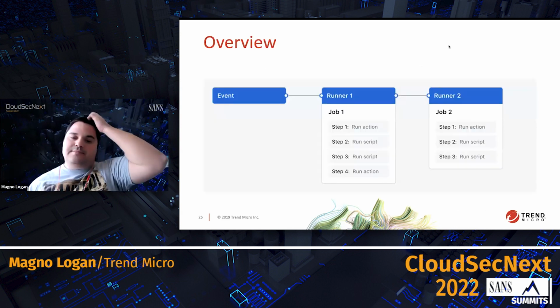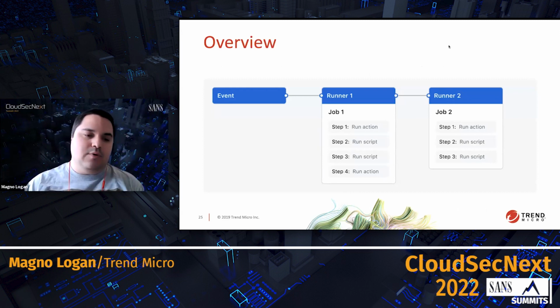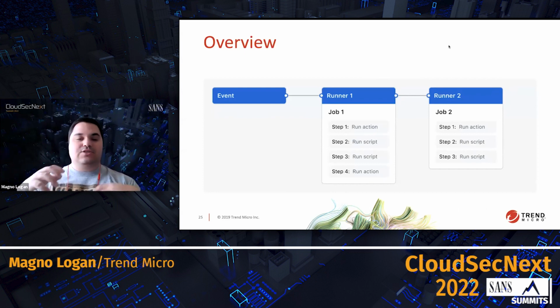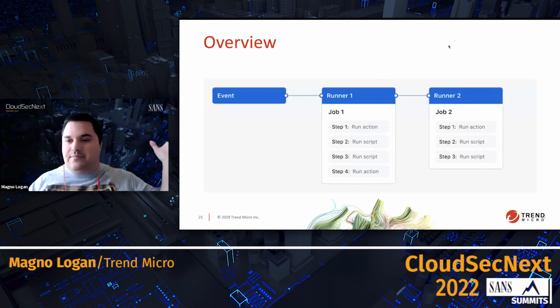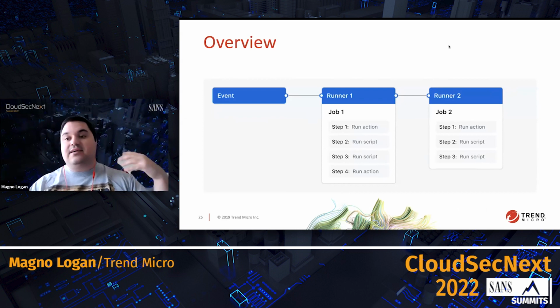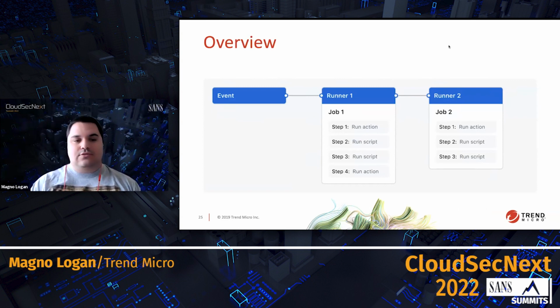So just a quick example here with the image. You have an event. An event is something that happens inside your repo. As I mentioned, there's a huge list of events that GitHub has documented that can trigger automations on your repository, so you can specify which kind of events you want to trigger that automation.